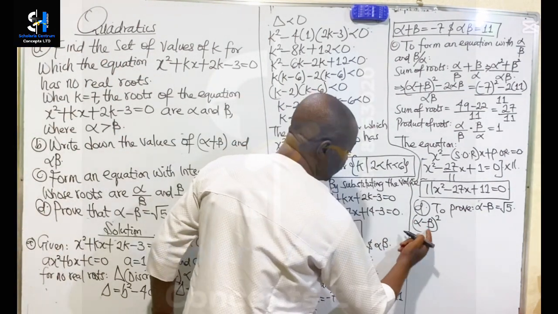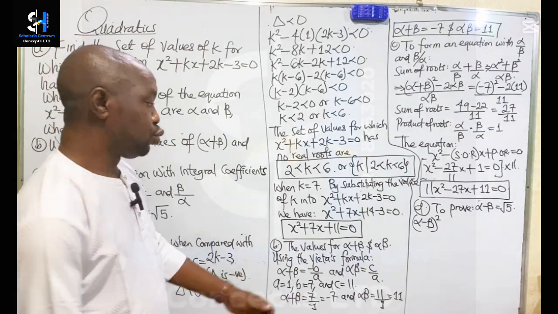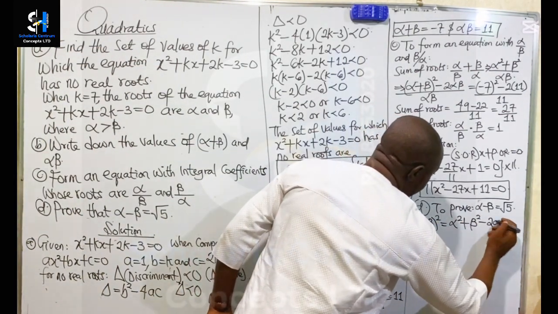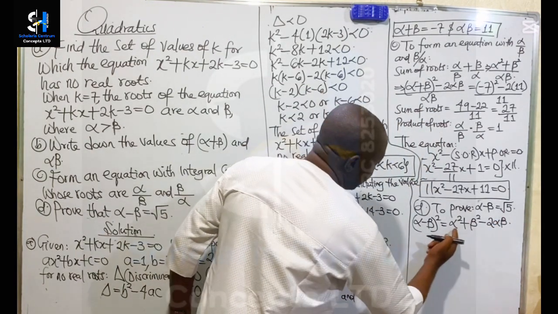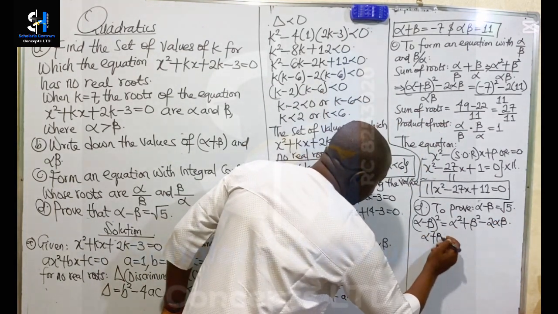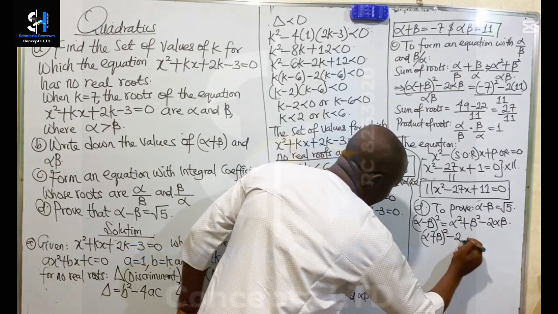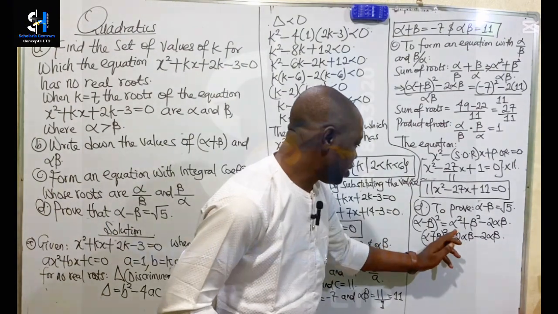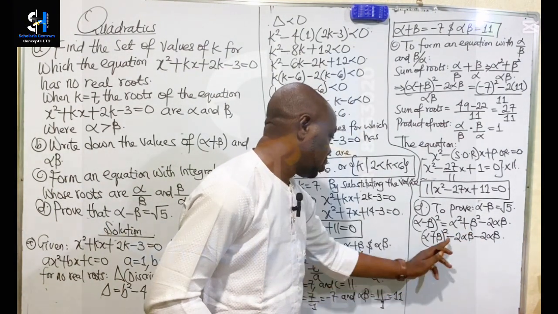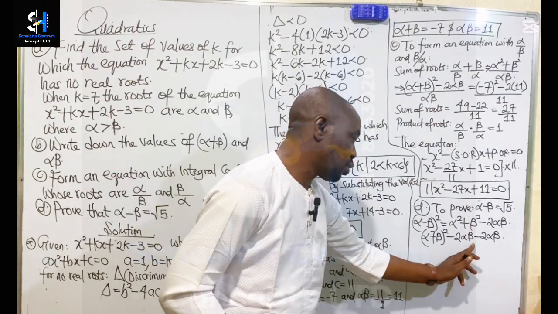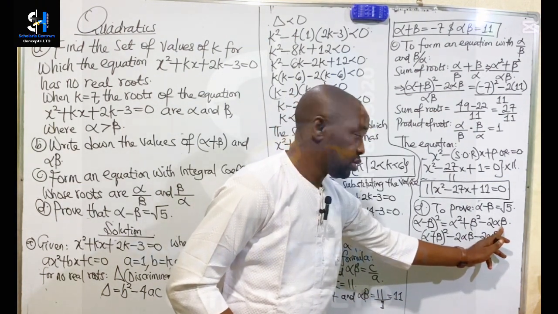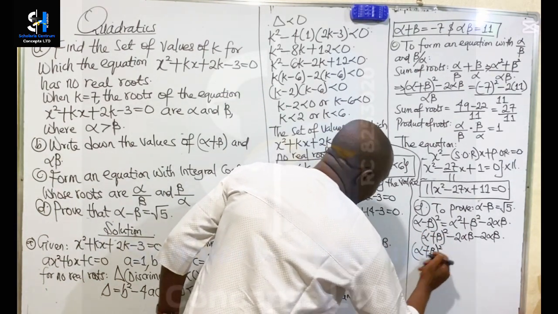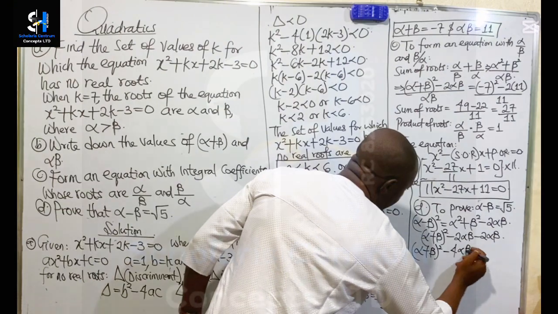The square of the difference between the two roots will be alpha squared plus beta squared minus 2 alpha beta. And alpha squared plus beta squared is the square of alpha plus beta, minus 2 alpha beta, and already we have minus 2 alpha beta. So when these are combined, we have the square of alpha plus beta minus 4 alpha beta.